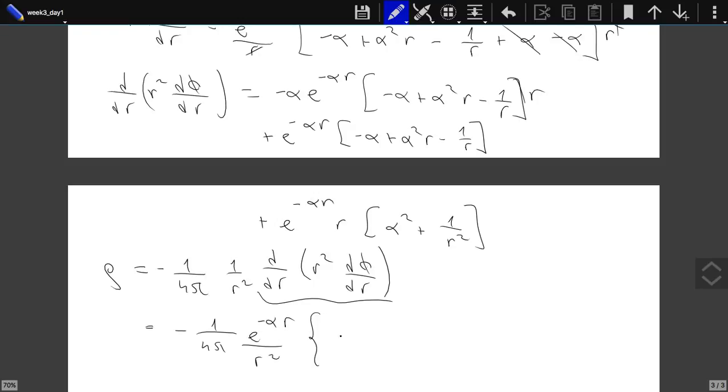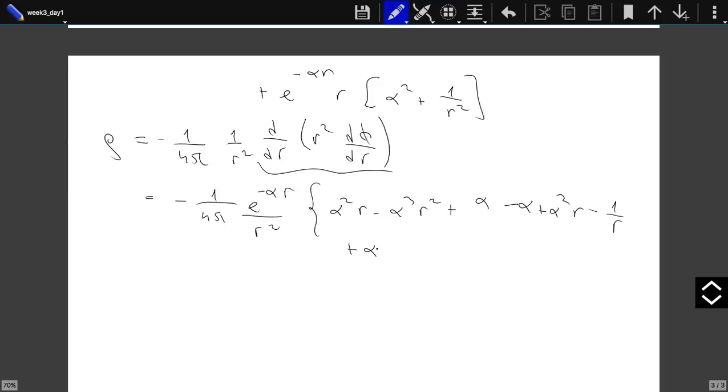What remains is alpha squared r plus alpha cubed r squared minus alpha, plus alpha, minus alpha plus alpha squared r minus 1 over r plus alpha squared r plus 1 over r.